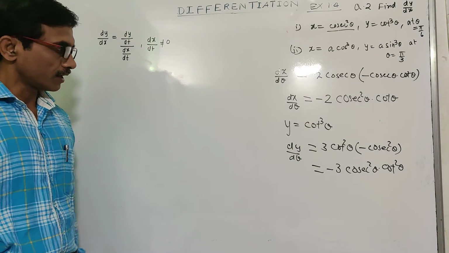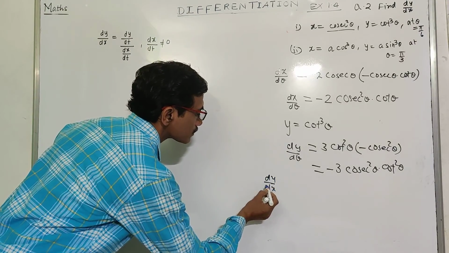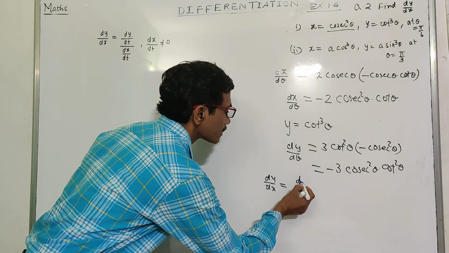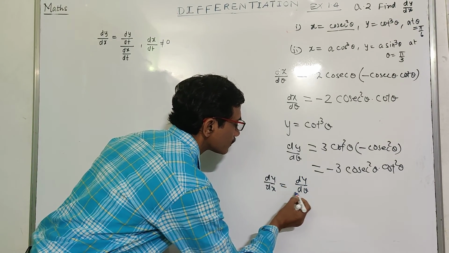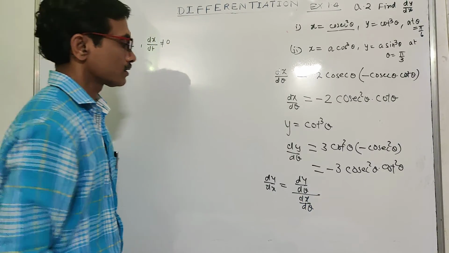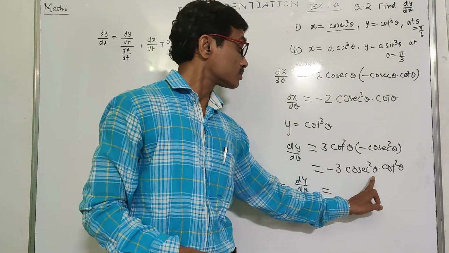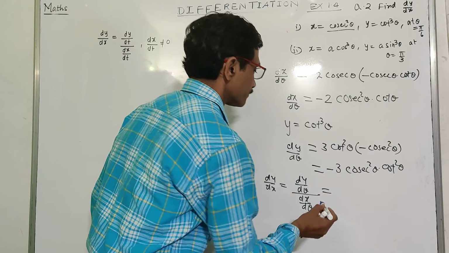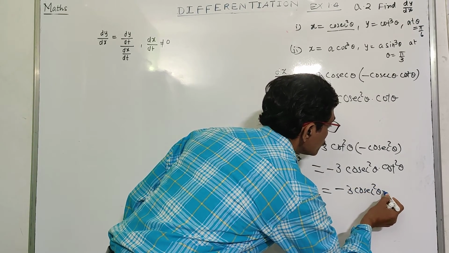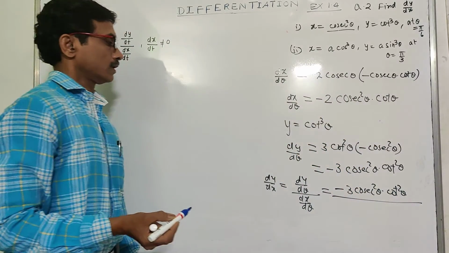Then we find dy by dx, which is equal to dy by d theta upon dx by d theta. Your dy by d theta is minus 3 cosec square theta into cot square theta, upon dx by d theta.